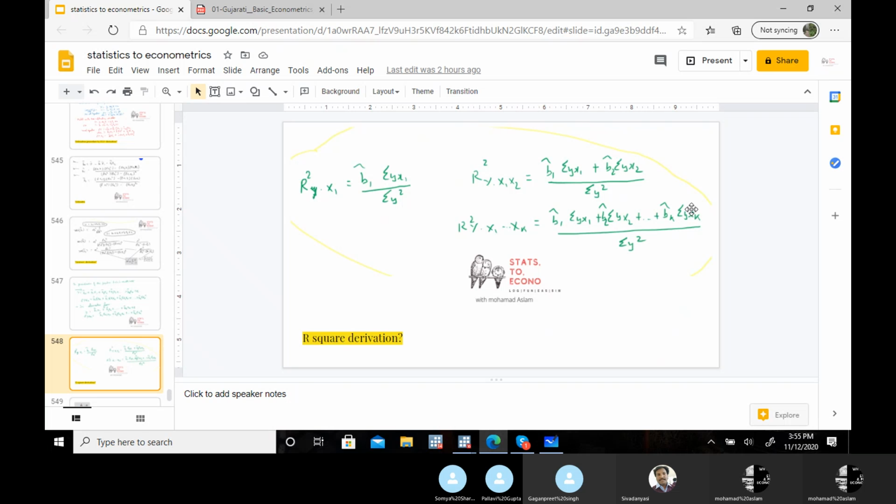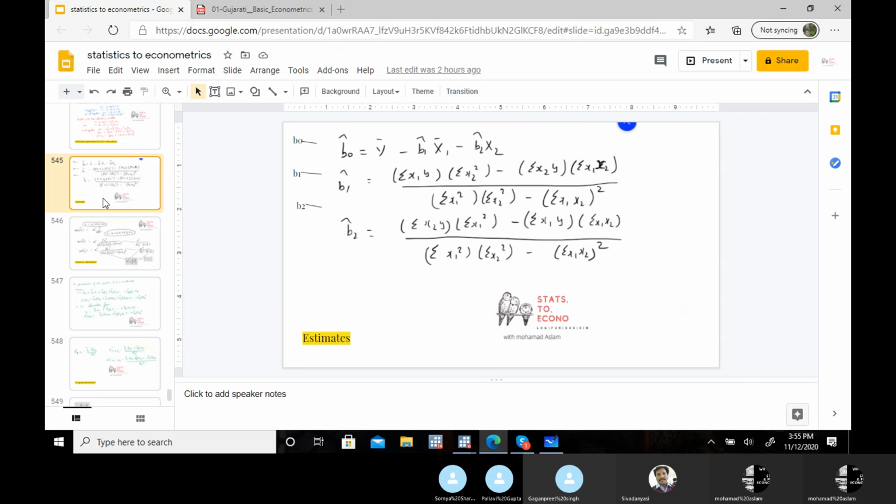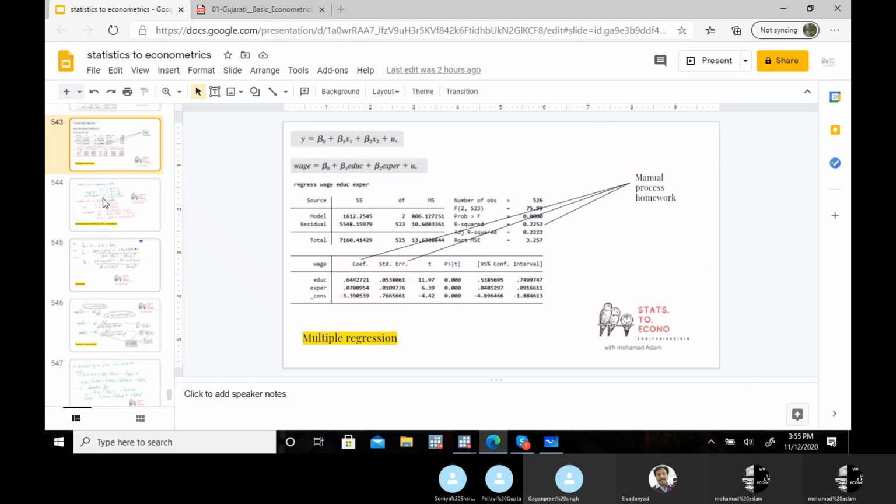So this is the explained sum of squares divided by the total sum of squares. Using this method, you can get this R square value. If you put all these values, then you can get this fourth part here, this R square value.